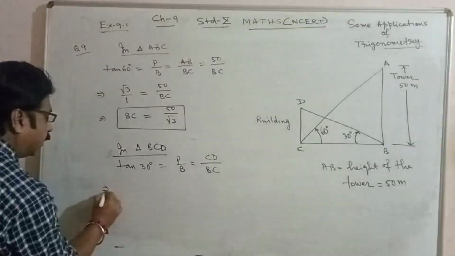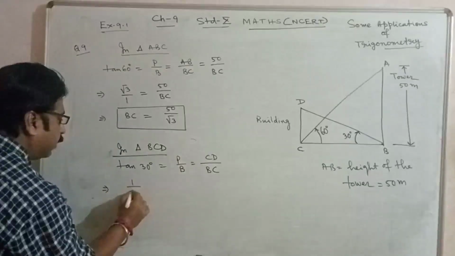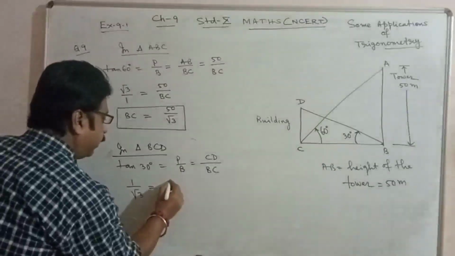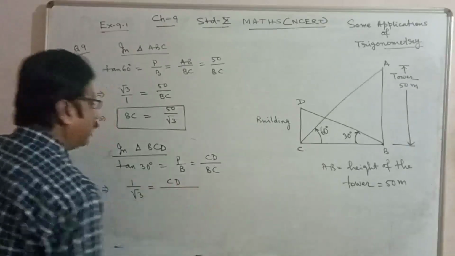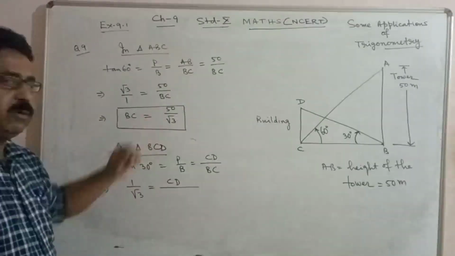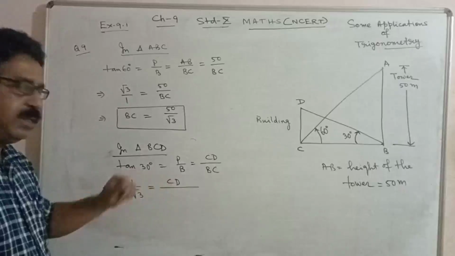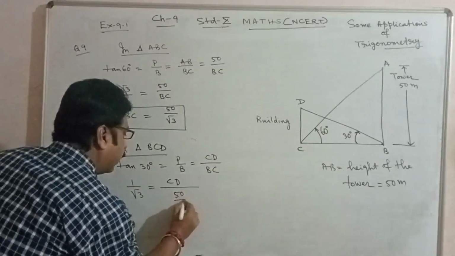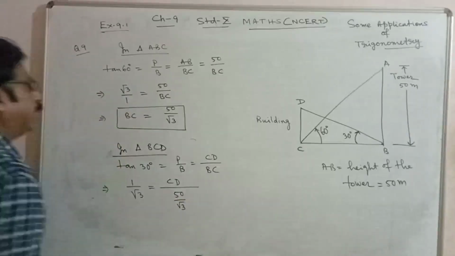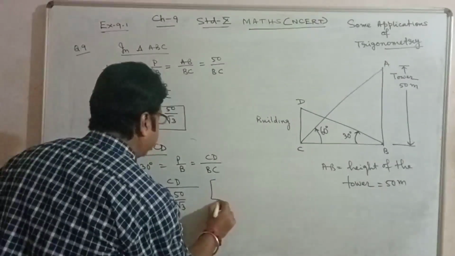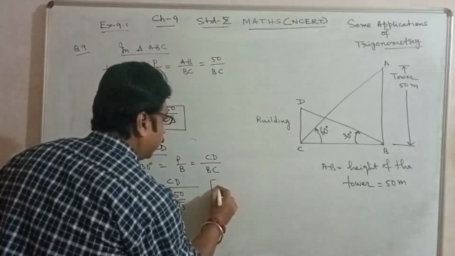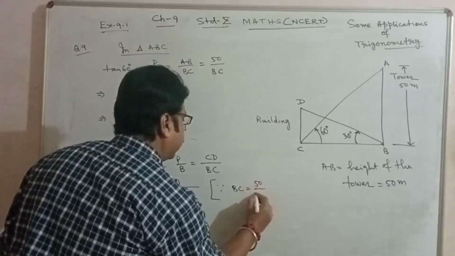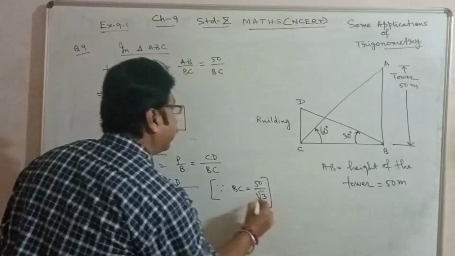Tan 30 means 1 upon root 3 equals to CD is unknown and BC is known. So we can put the value of BC here. It will be 50 upon root 3. Here you can write, since we have calculated, BC equals to 50 upon root 3.